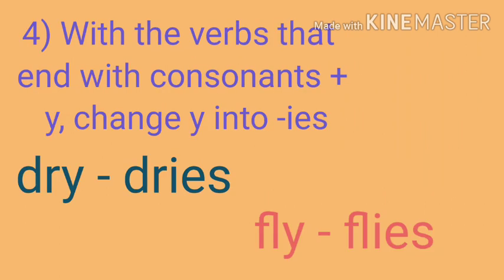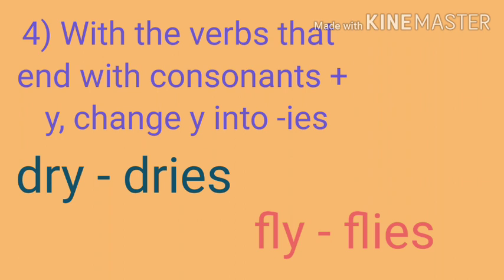With the verbs that end with a consonant and y, we add ies after removing the letter y from the verb. For example, the verb dry. From the verb dry, we remove the letter y and add ies. The verb dry becomes dries. Similarly, the verb fly becomes flies.